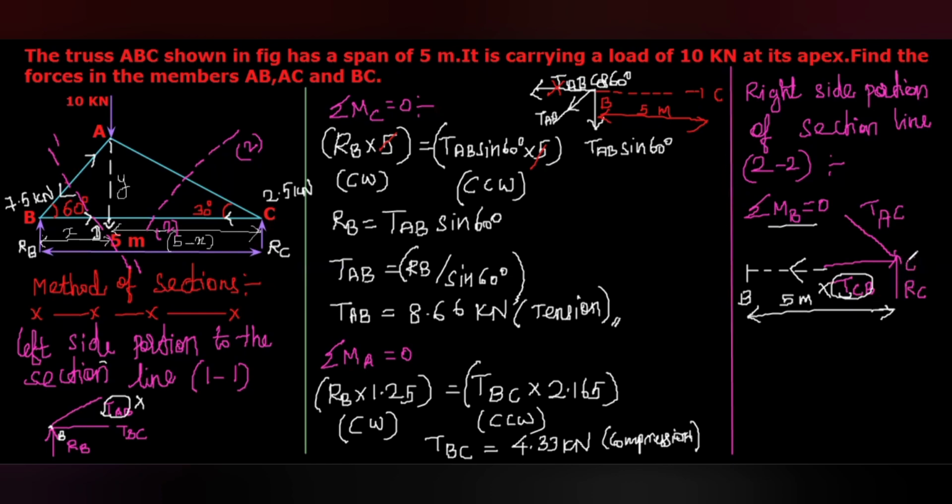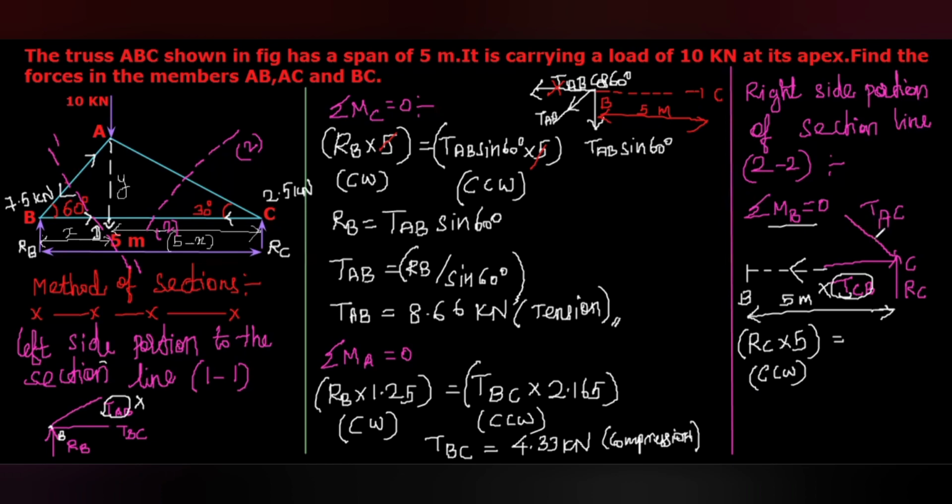Okay. And we know that this is acting in counterclockwise direction, RC into 5 with respect to B. This is a counterclockwise moment that will be balanced by the clockwise moment made by TAC.